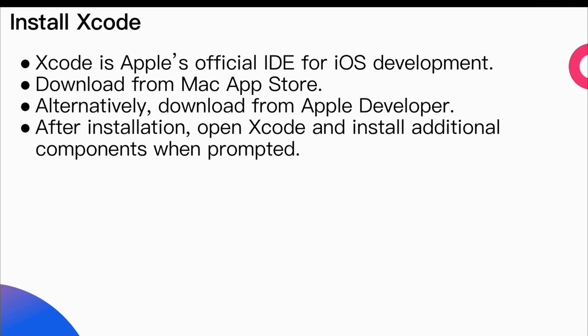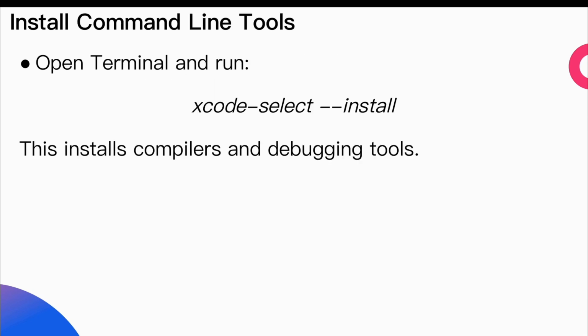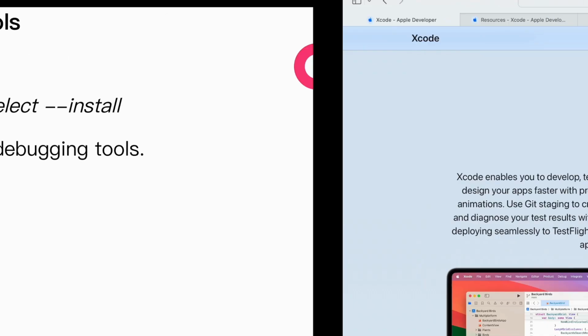IDE for iOS development. And then install command line tools. Command line tools are essential for using various build and debugging utilities. Installing these tools enables you to run commands related to development directly from the terminal, which enhances your productivity during coding and testing.